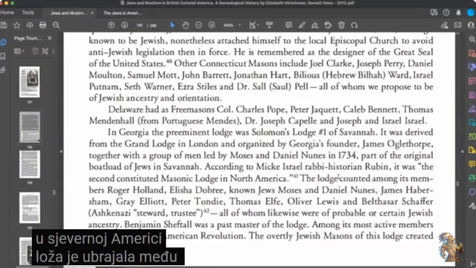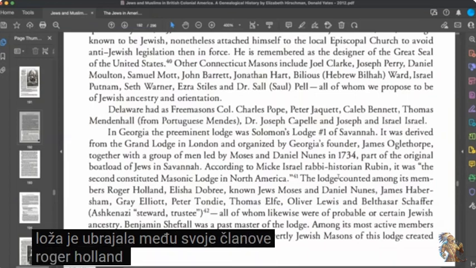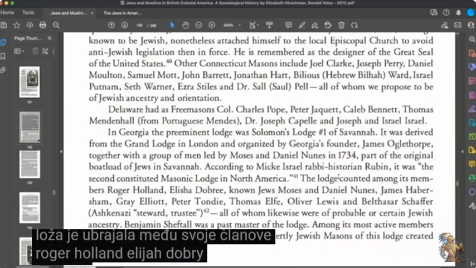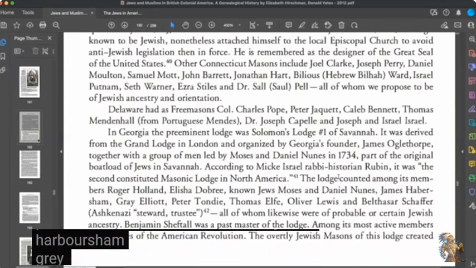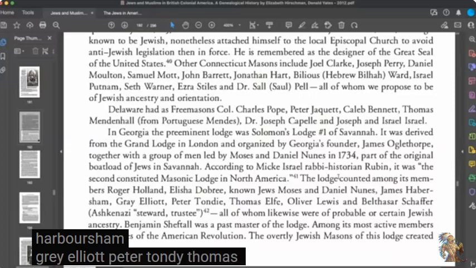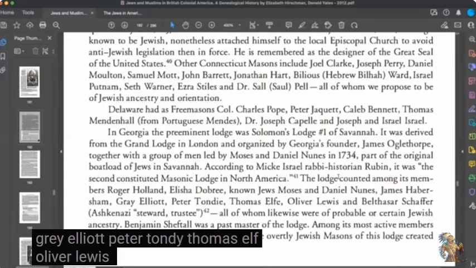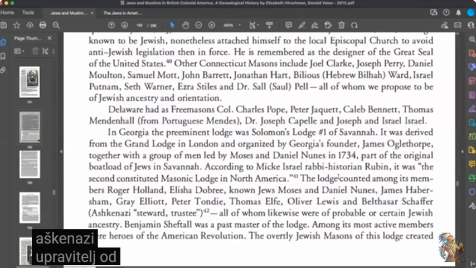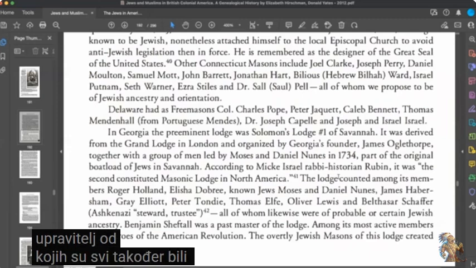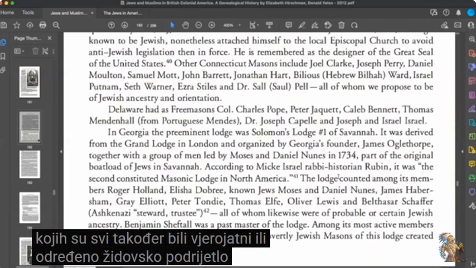The lodge counted among its members Roger Holland, Elijah Dobry, known Jews Moses and Daniel Nunes, James Habersham, Gray Elliott, Peter Tondy, Thomas Elf, Oliver Lewis, and Balthasar Schaffer, Ashkenazi, Stewart, Trusty, all of whom likewise were of probable or certain Jewish ancestry.